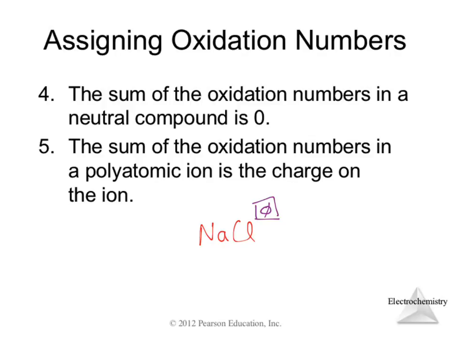The sum of the oxidation numbers in a polyatomic ion is the charge on the ion. You mean to say that if I look at hydroxide, that negative charge, that if I look at the oxidation number for oxygen and hydrogen and I add that up, it magically gives me a negative charge, the charge on the ion? You mean the exact same thing you already said in the previous rule, which we already said was a redundant policy anyway? Yes, that's exactly right. These rule sets are very, very redundant.